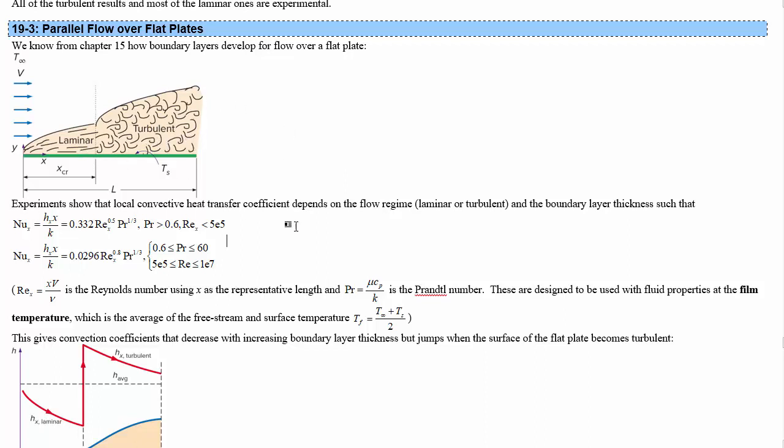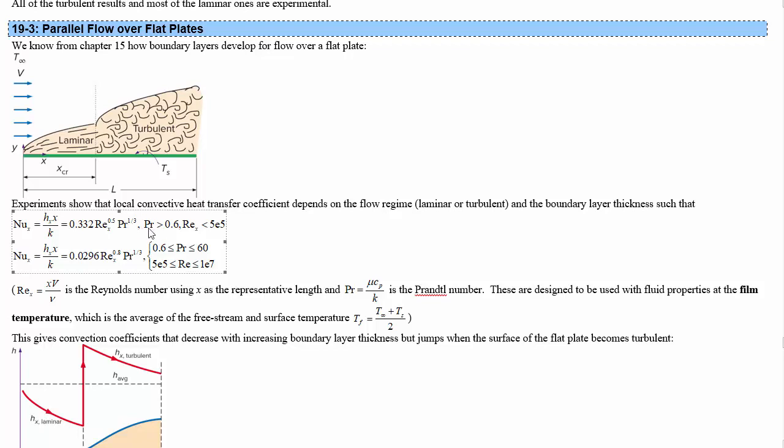And the local Nusselt number, defined using the local convection coefficient, is given by these sets of formulas right here. So in the laminar regime, you can say that the Nusselt number at location x, which is h at x times x divided by k, where x is the distance from the start of the plate, is 0.332 times the Reynolds number at x, using x as your characteristic length, to the power of 0.5, times the Prandtl number to the power of 1/3.